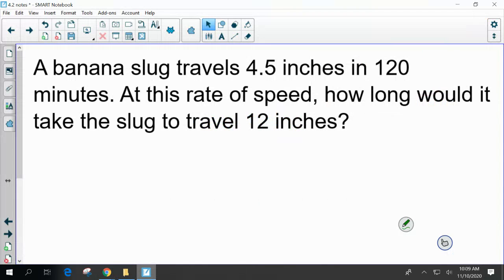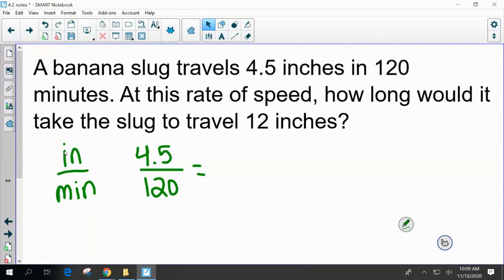All right, a banana slug travels 4.5 inches in 120 minutes. I'm going to do inches over minutes. So 4.5 over 120. At this rate of speed, how long will it take the slug to travel 12 inches? So I'm going to put 12 inches over x.